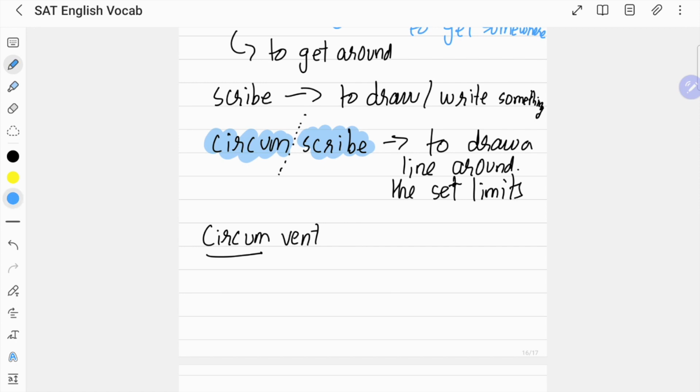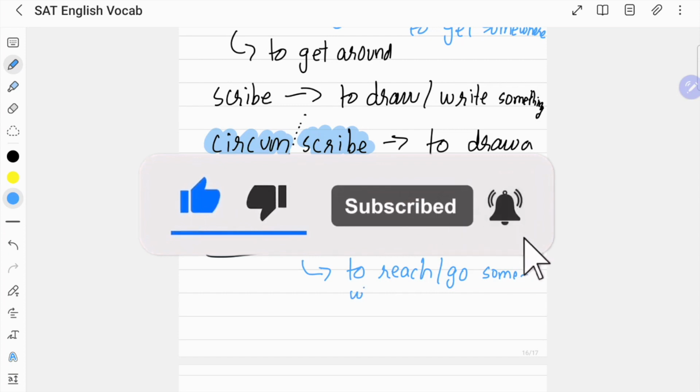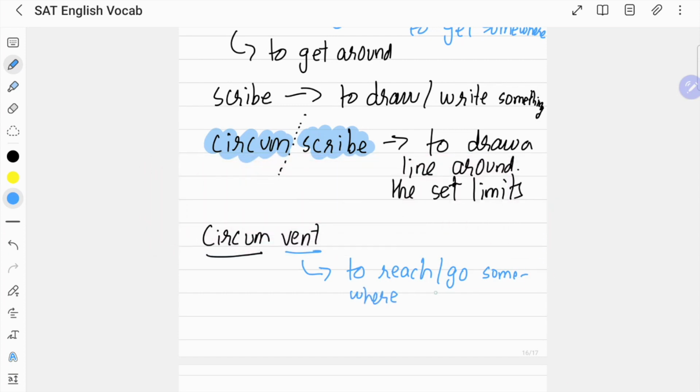Vent normally means to reach or go somewhere in a clever or occasionally dishonest way.